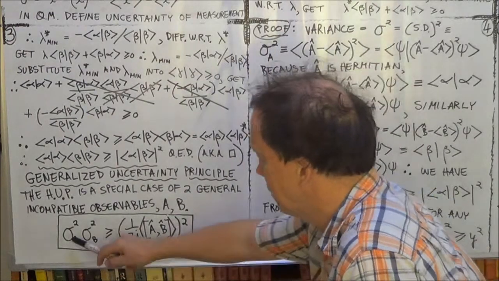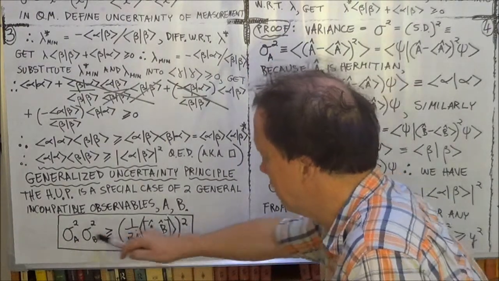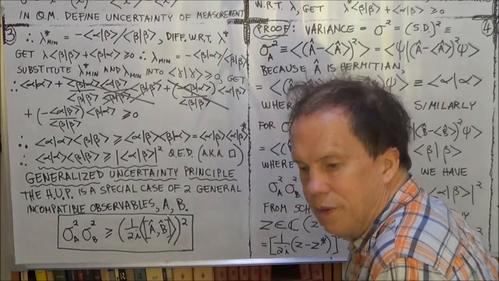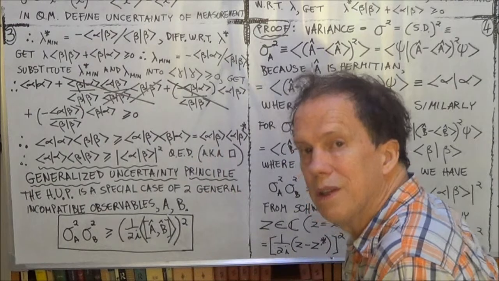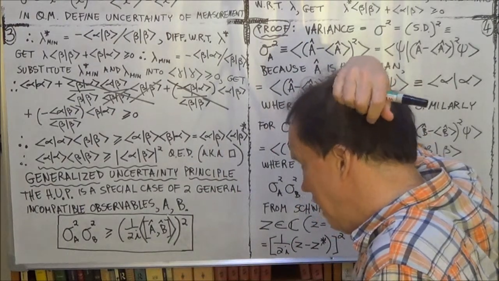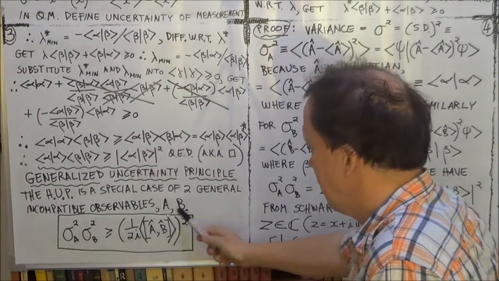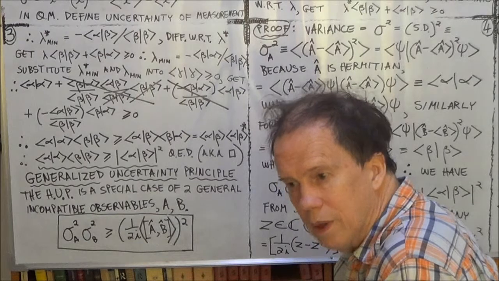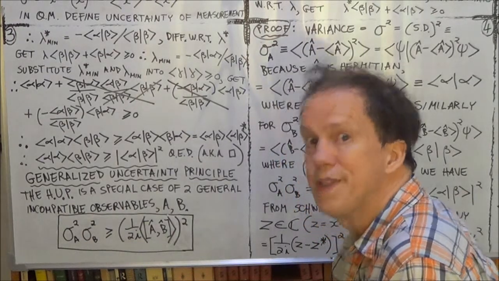What I'll explain in a minute is that here you have the statement of the generalized Heisenberg uncertainty principle, and it's between any two incompatibles, so you cannot measure both of them to infinite accuracy simultaneously.